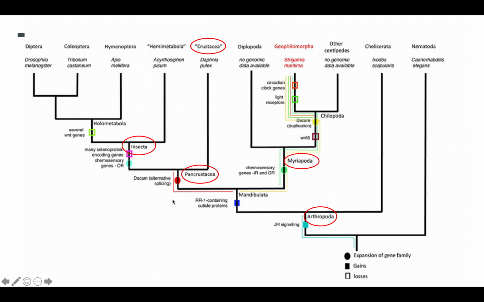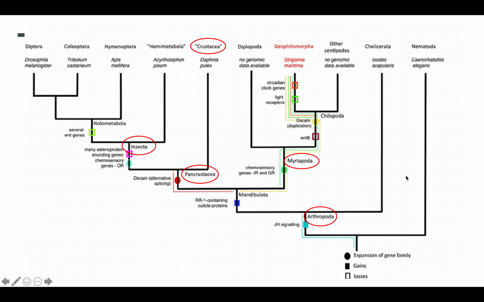All of these organisms fall within the phylum Arthropoda. So arthropods include insects, crustaceans like your crabs and your lobsters, myriapods over here like your centipedes and your millipedes, which are again separate from insects. You'll see that they evolved a little separately, as well as spiders and ticks. These fall under Chelicerata, and they branched off quite early in this evolutionary tree.